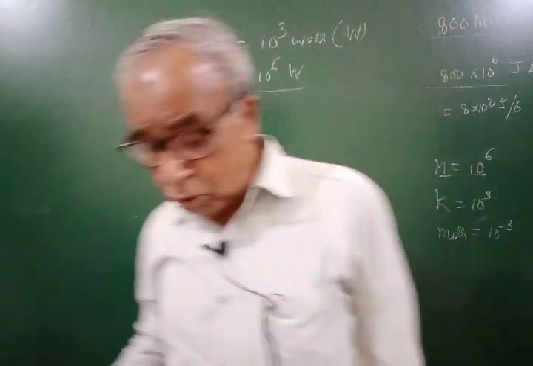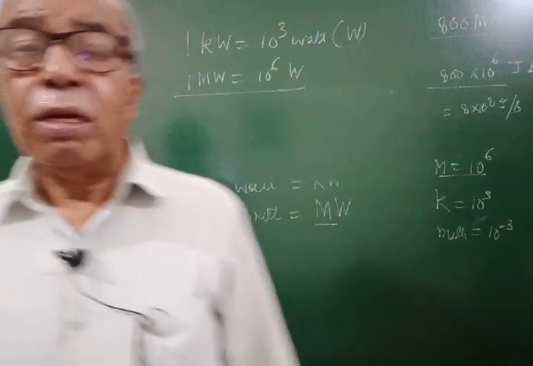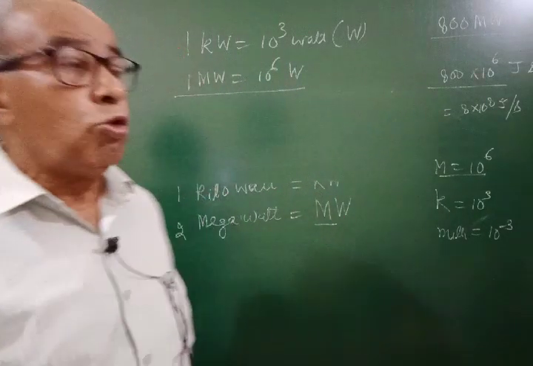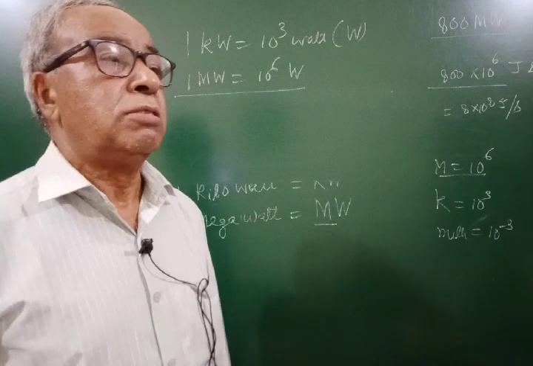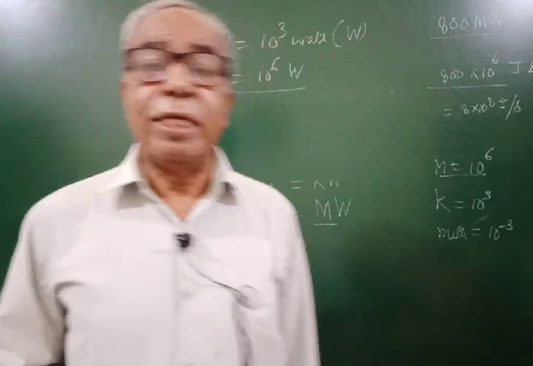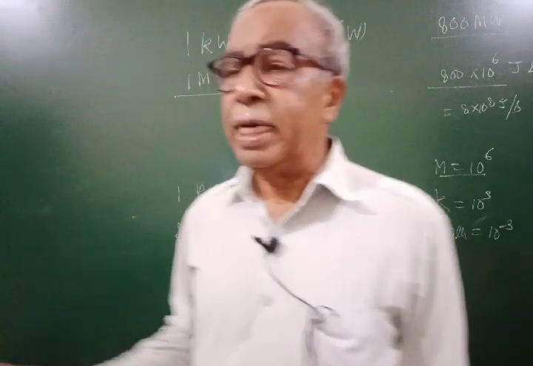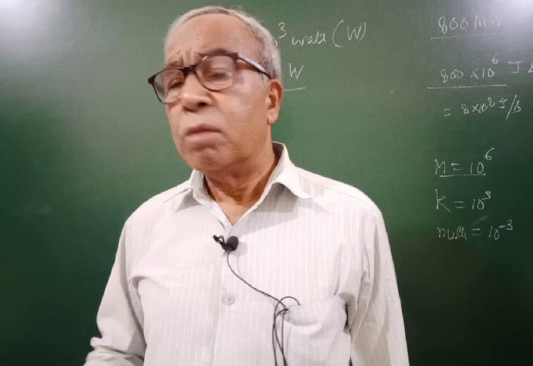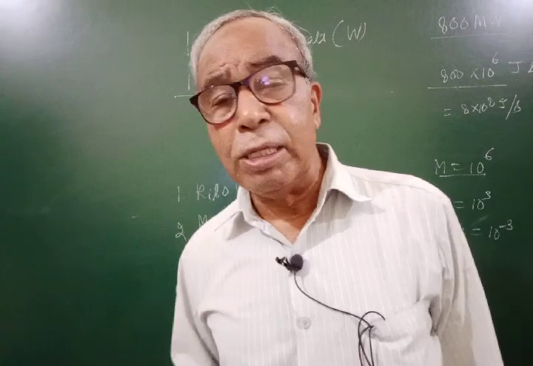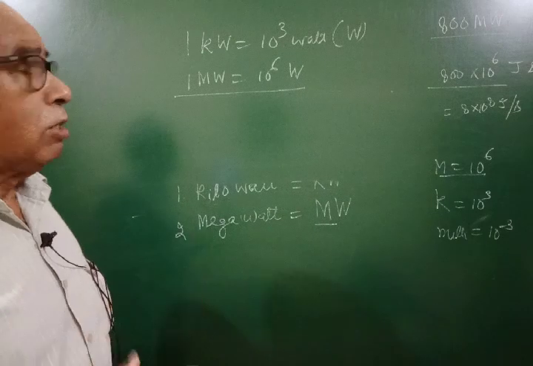Actually, I belong to a farmer family. When I go to farmers for tube wells, they use electric motors of some power. When I ask what is the power of this motor, they say 15 or 16, or 20, or 10, 5. They tell the number only. The power is 16 power. When I ask what is 16, they don't know.